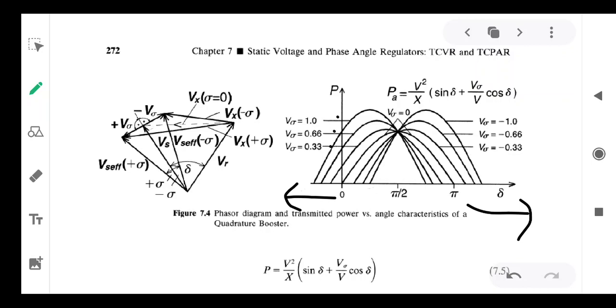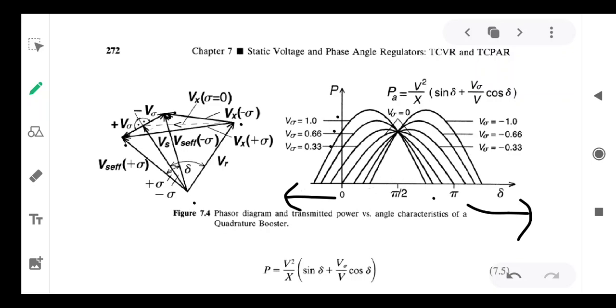This is the phasor diagram. This is the set of power angle curves. Here this is the Vs, this is the Vr. Vs plus or minus V sigma, this is the plus V sigma, this is minus V sigma.